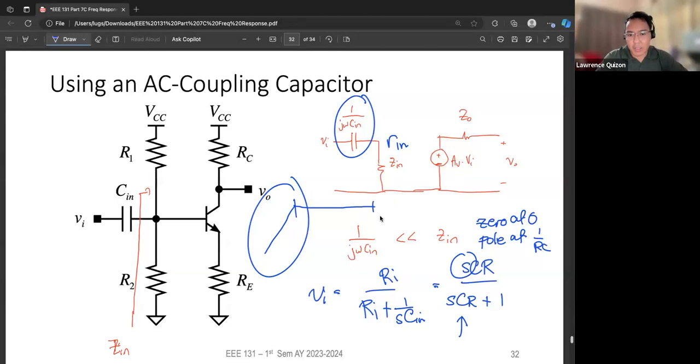So basically this is poles of the amp itself, and this is from the bypass cap, no? So you want this to be very, very far back, right? So you'd like the 1 over j omega Cin to be much less than Zin, which means you want Cin to be very large, or the frequency to be larger, no? So that's what happens there.